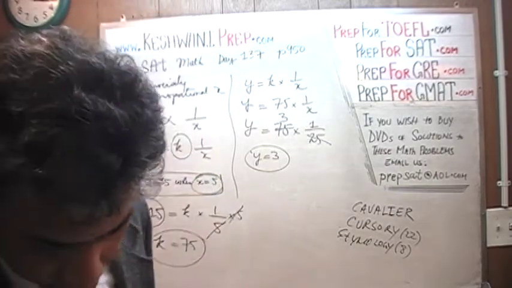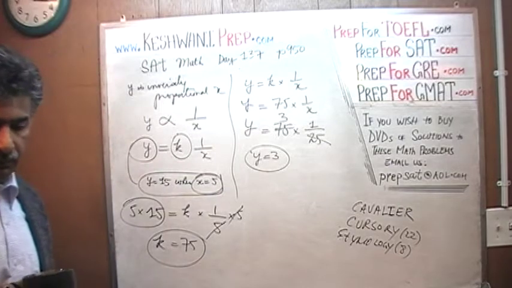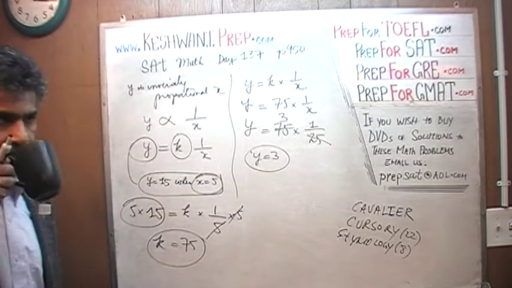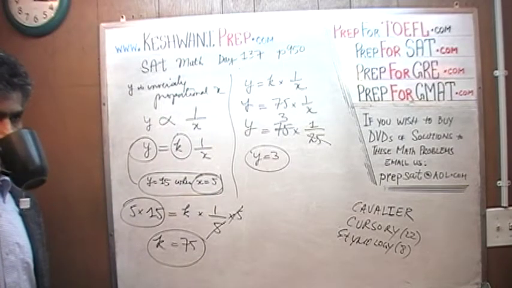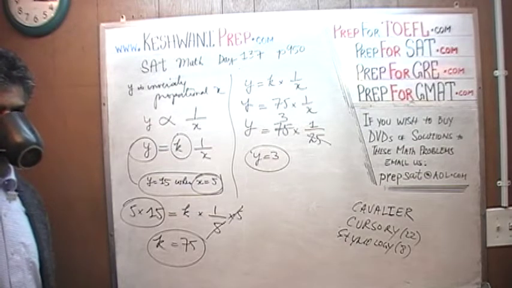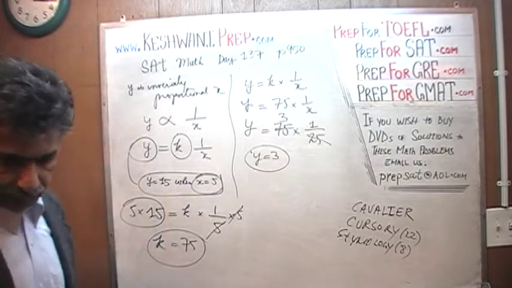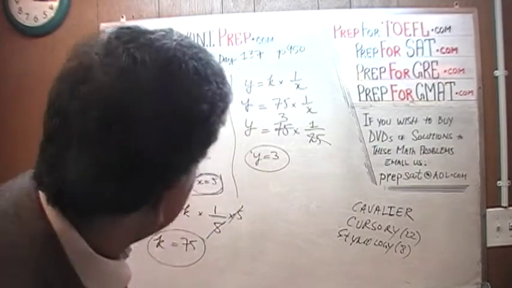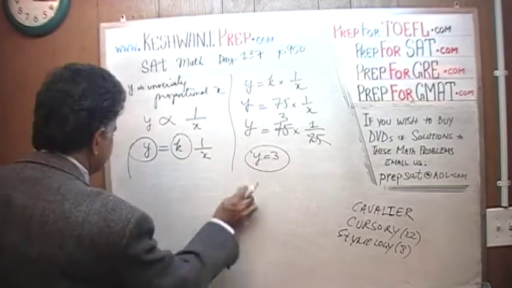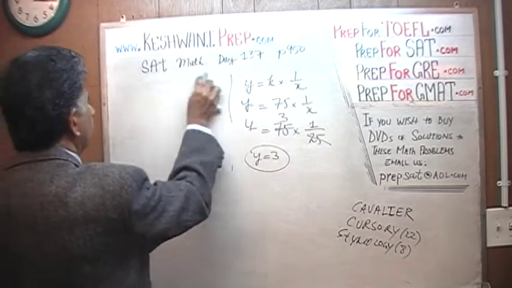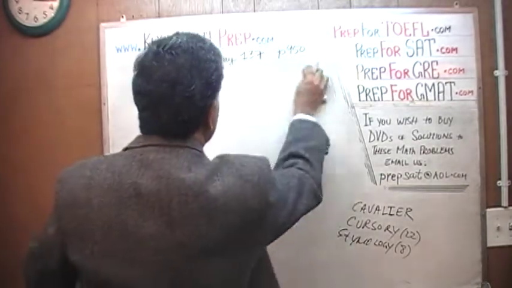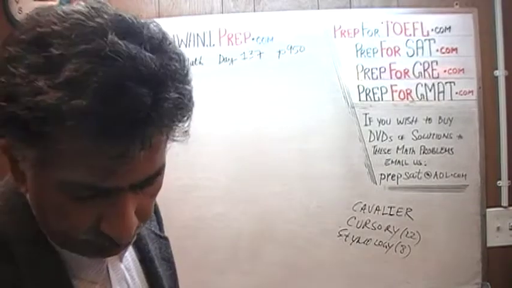Let's do number 8, shall we? We are done with this one. Number 8 is the next one that we're going to do, the last one. Number 8, I do not know why it's a number 8.